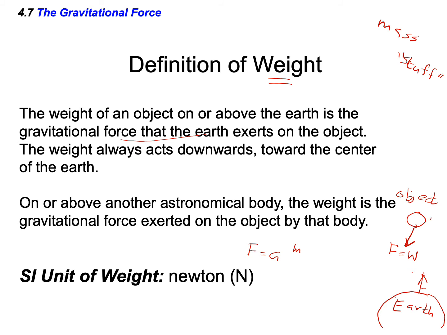Let's say the mass of the object is M. If you know the mass of the object, and also the mass of the Earth, and the distance between the object and the Earth.